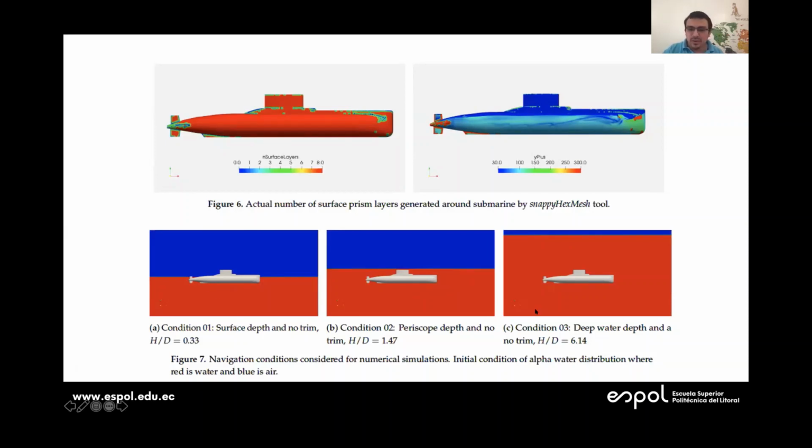As I mentioned before, the speed sensor is used for the near free surface conditions, like the one in the middle, but it's calibrated with the first condition. And the second sensor, the second probe that is on the upper deck, is calibrated using the second condition.